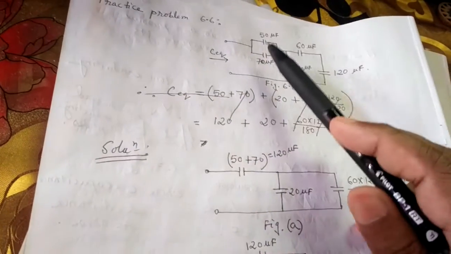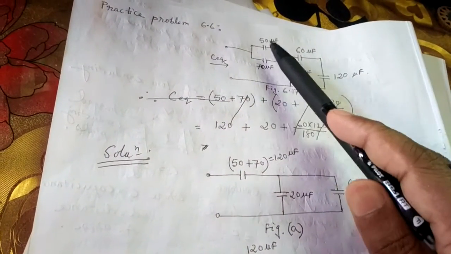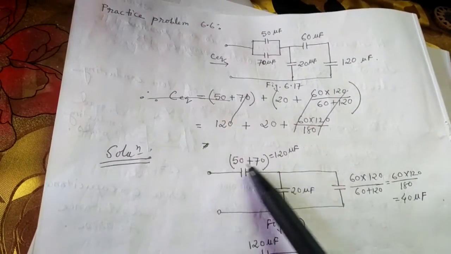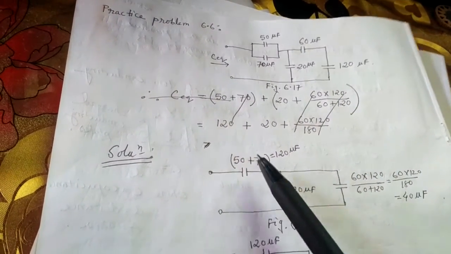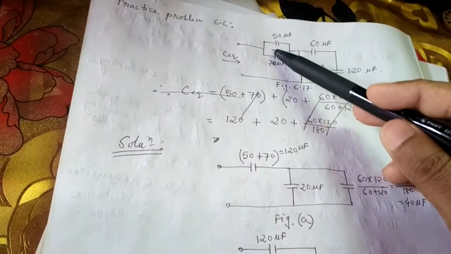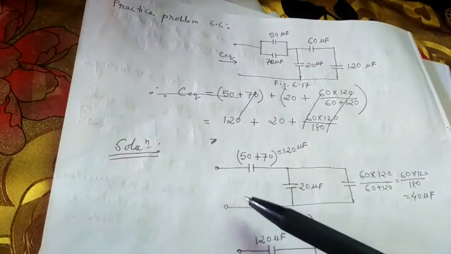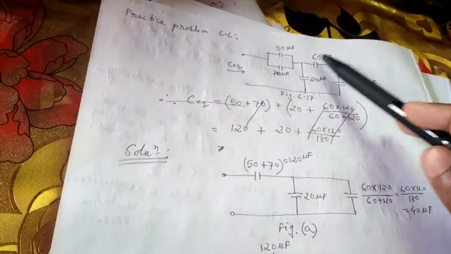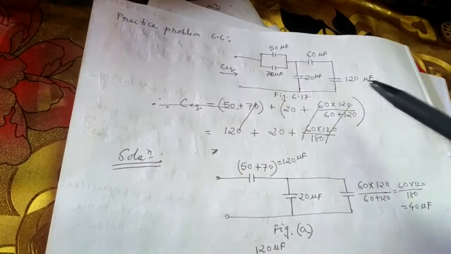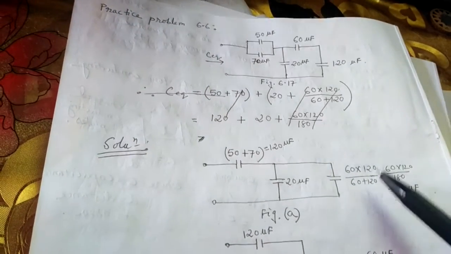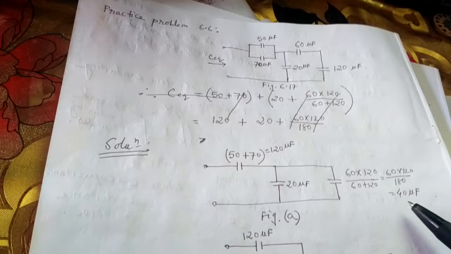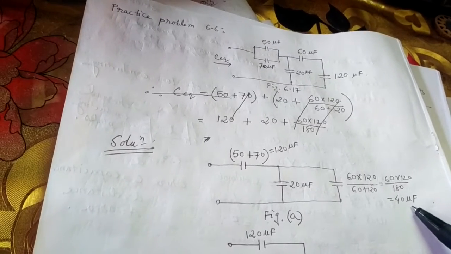You see two capacitors connected in parallel, and these 60 and 120 microfarad capacitors are connected in series, which are in parallel with the 20 microfarad. Now we are going to simplify it. These two parallel capacitors must be added, 70 plus 50. For the series part, 60 and 120, it must be like parallel resistance: 60 multiplied by 120 divided by 60 plus 120. So we get 40 microfarad.